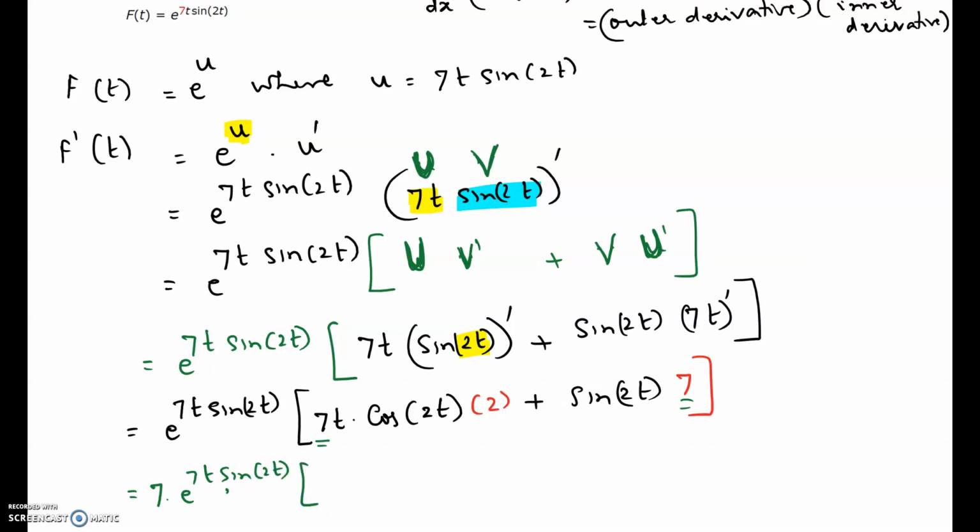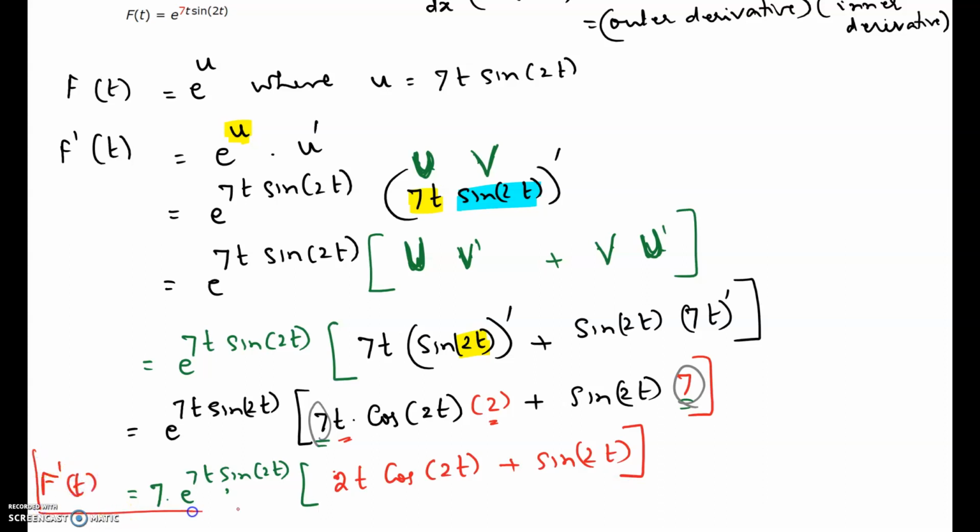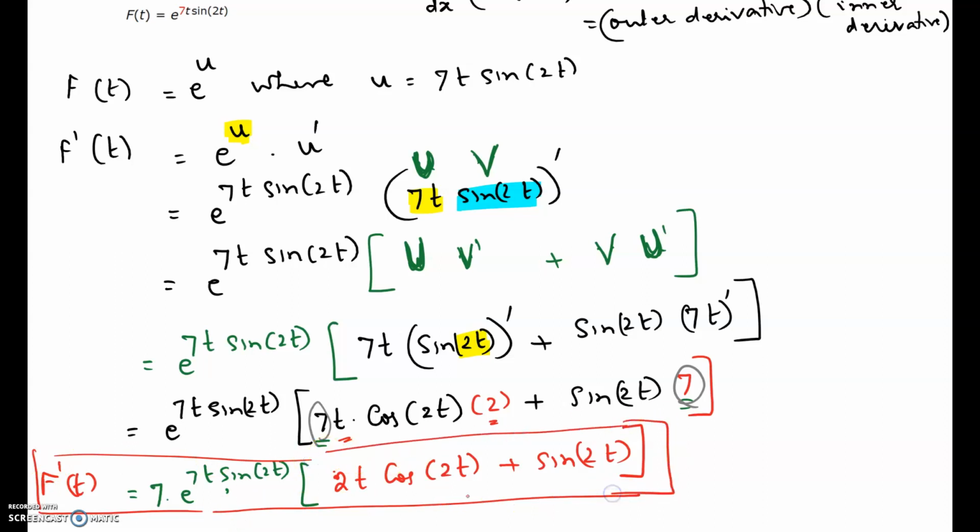We have common factored out the 7, so we are left with 2t cosine of 2t plus sine of 2t. This is the derivative. Hope this video helps.